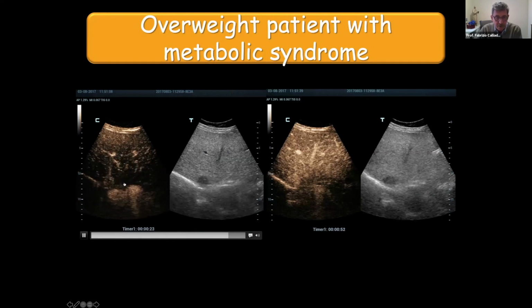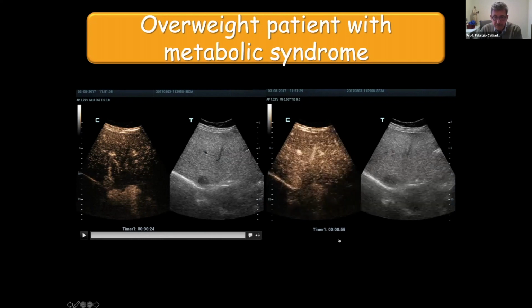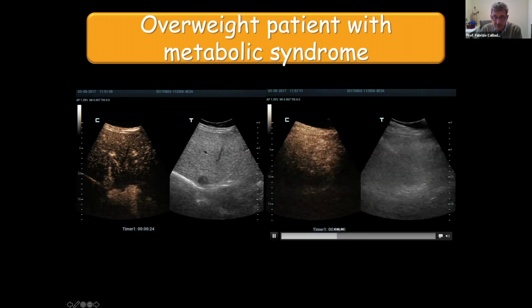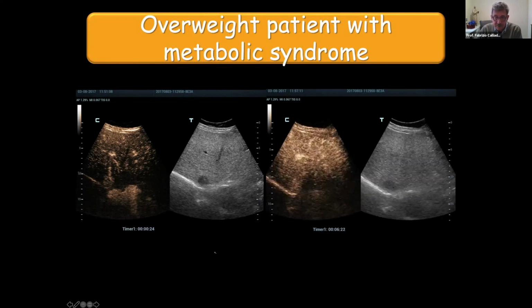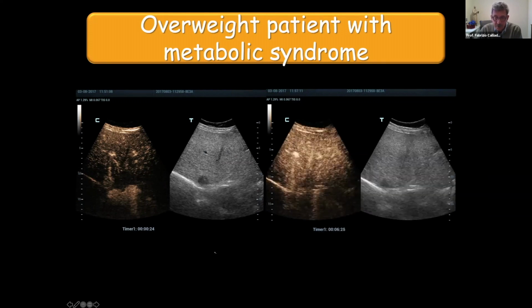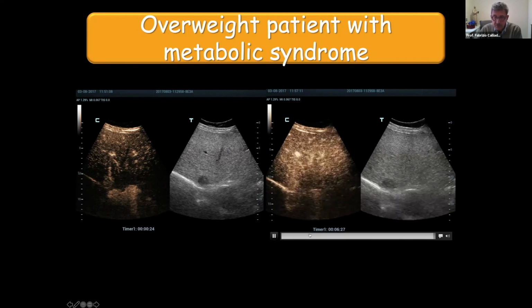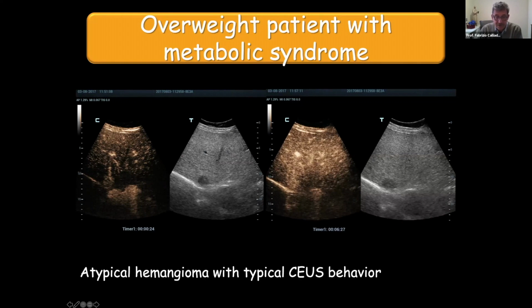So we are at almost 12 centimeters deep. This is 6 minutes. 6 minutes, and look, the lesion is full of contrast. And we see the lesion quite well, not obscured by an excessive amount of contrast. And this is a typical hemangioma with typical CEUS behavior.